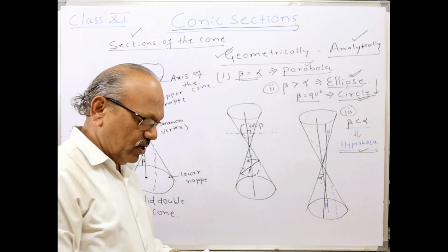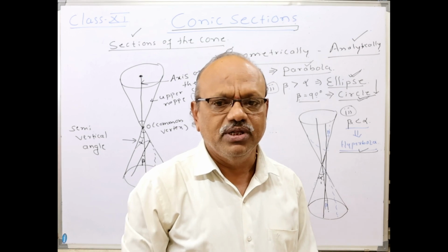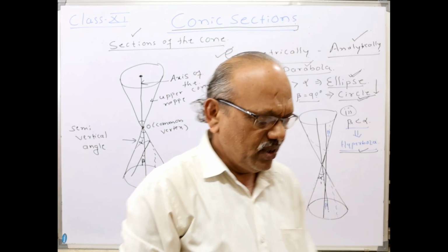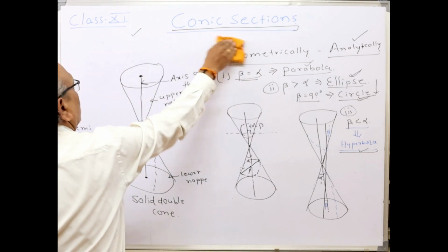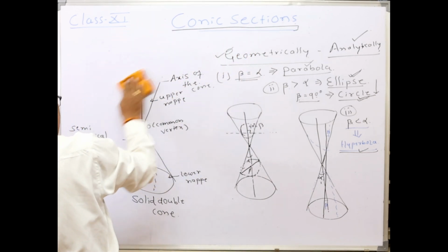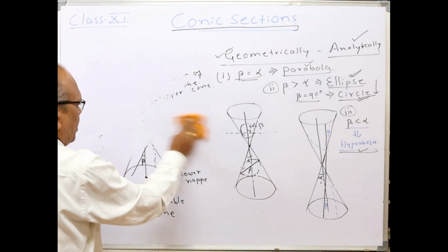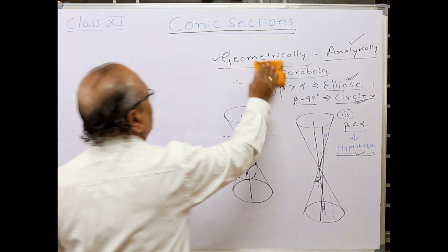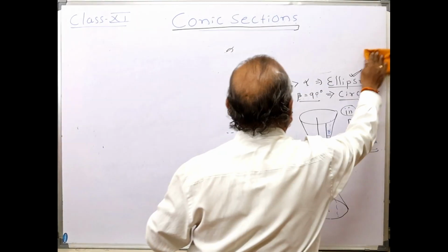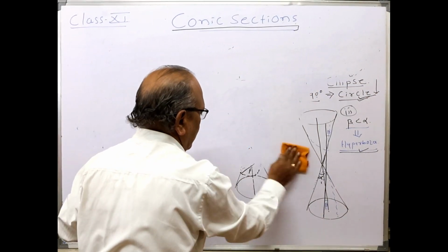We are going to derive the equations and then solve problems. Let us start with the circle first. You studied all the plane figures; we will try to understand them one by one. First of all, we will see the circle, then we will study the parabola, then the ellipse. Finally, we will study the hyperbola.